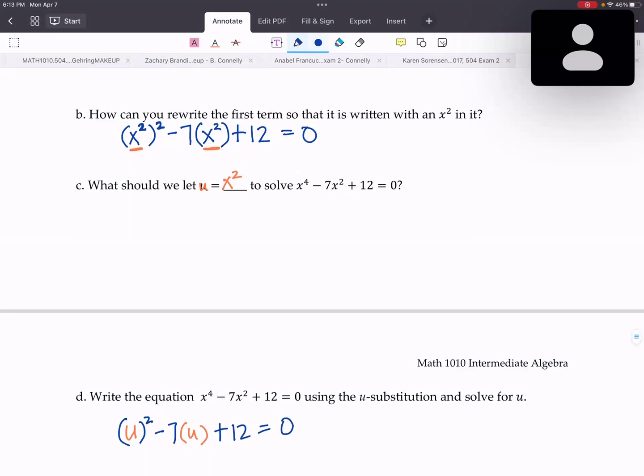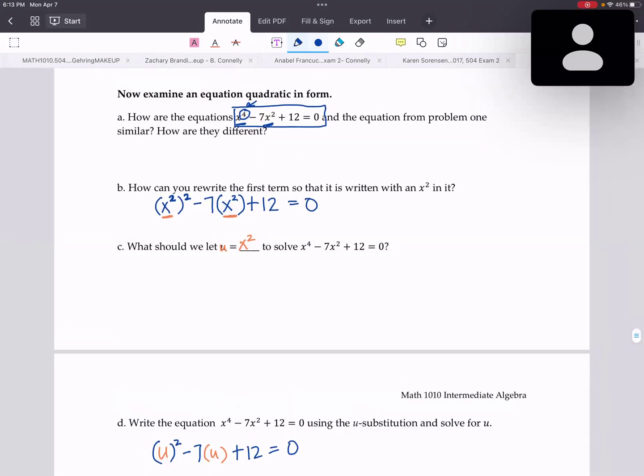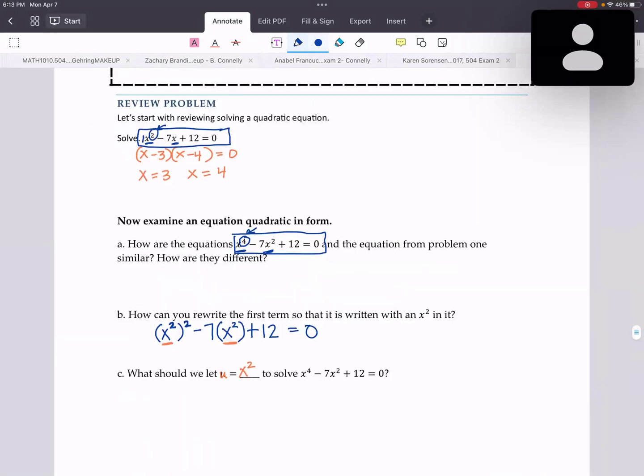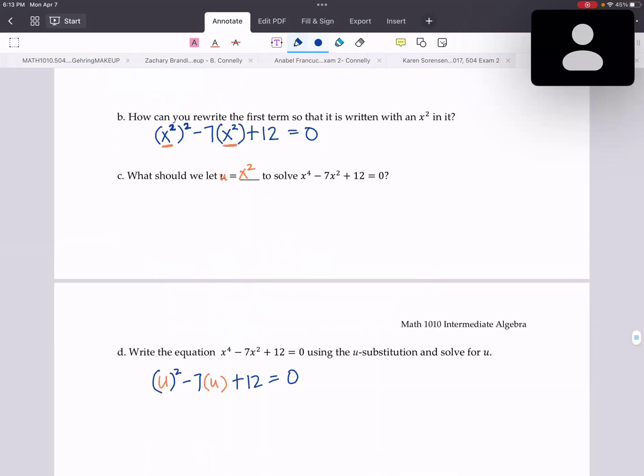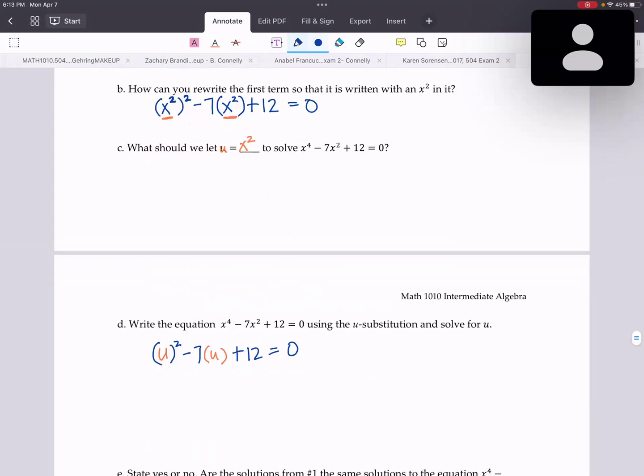Now that looks really similar to what we had at the beginning, except we had x's in the one up here, where now we have u's in place of those x's. So we're going to go ahead and solve this using U substitution. The reason we're doing this is because we're trying to make it easier for us to factor, to be able to solve it using this method.